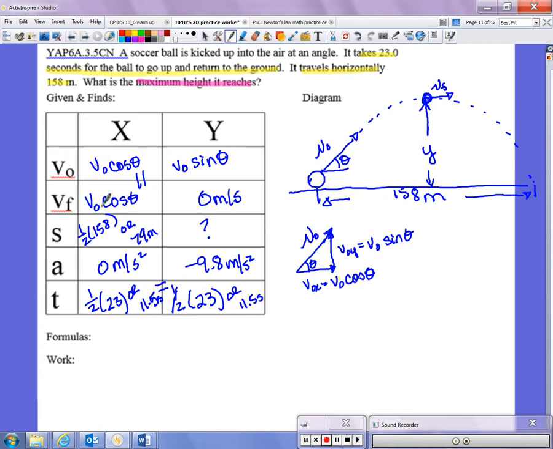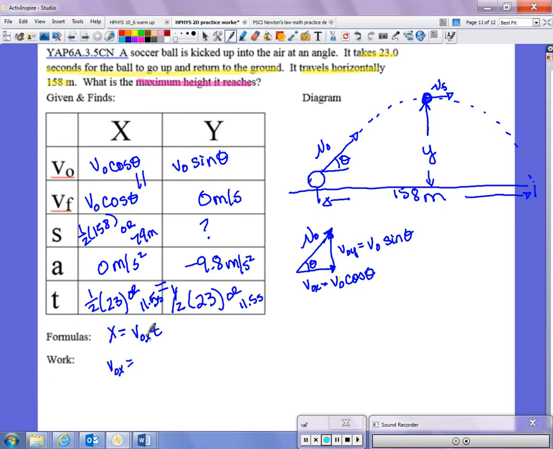So let's start with x because, just like our last problem, I bet a tangent is going to pop out here someplace and give us something good to use. So we use x equals v naught x times t, and I'm going to move this around.